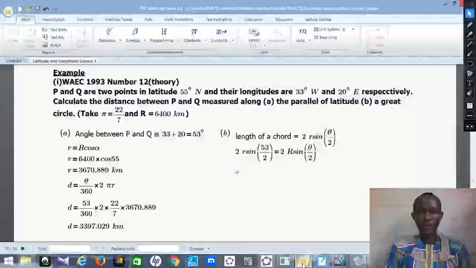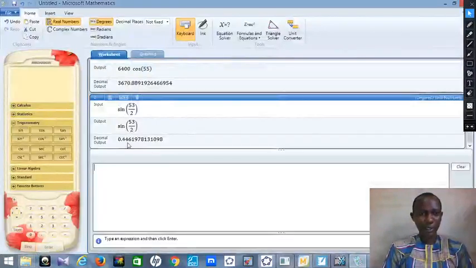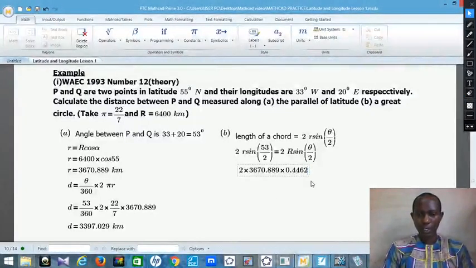Then 2 times the radius, 3670.889, times 0.4462, will be equal to 2 times 6400, times the angle we are looking for, which is sine theta over 2.